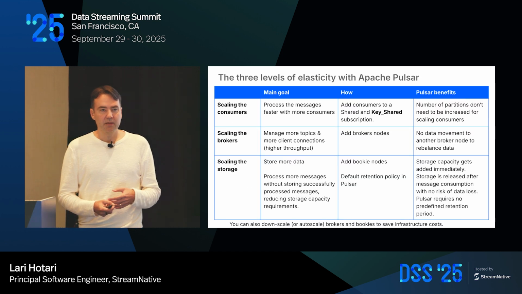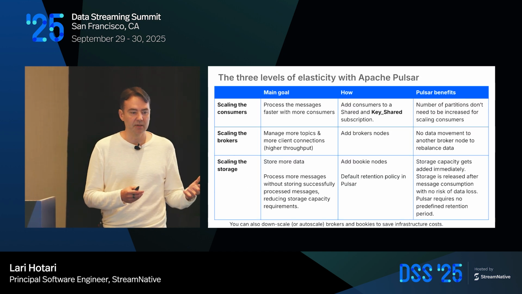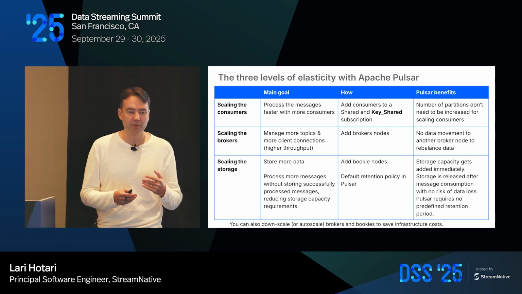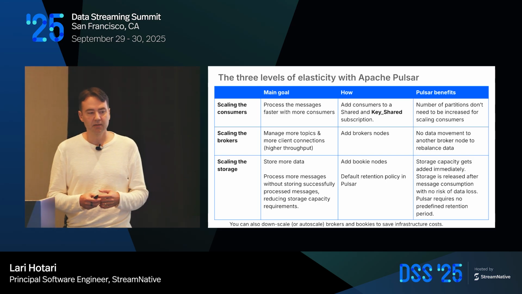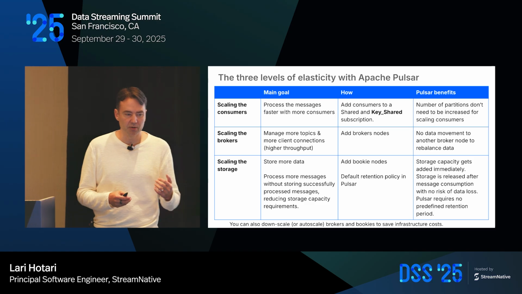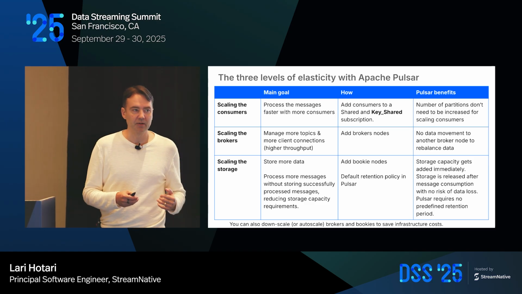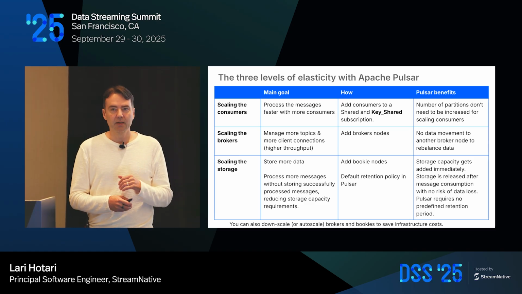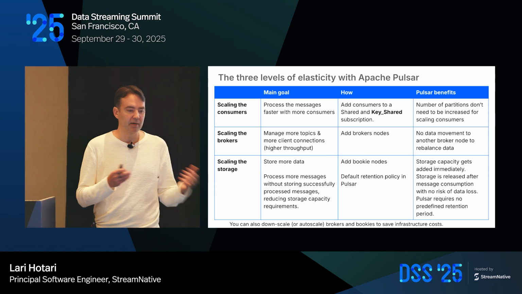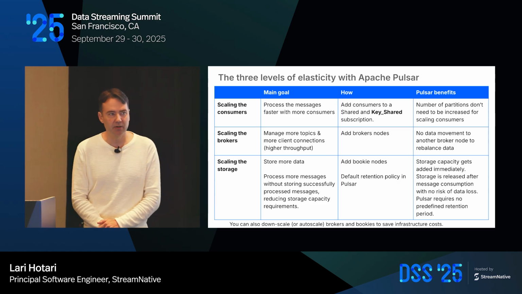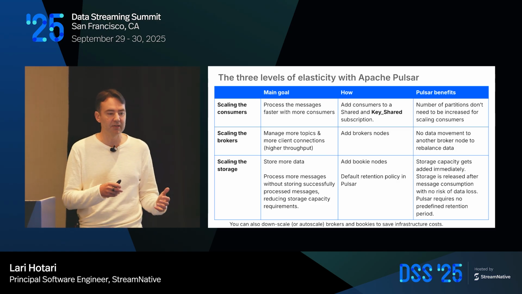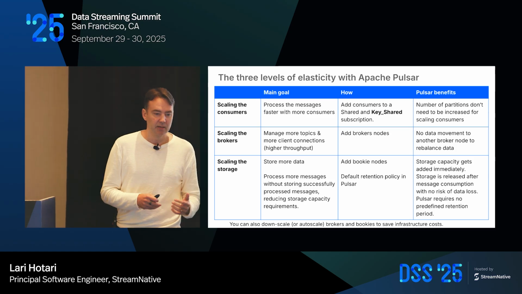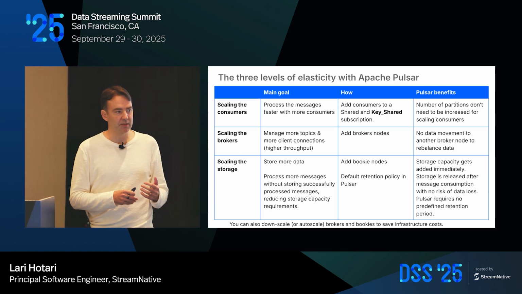So then a little bit more about these Pulsar features is that in Pulsar, there are 3 levels of elasticity: you could scale the consumers, scale the brokers, and scale the storage. And one of the key differentiators here is that when you want to go faster, you don't necessarily have to increase the number of partitions.